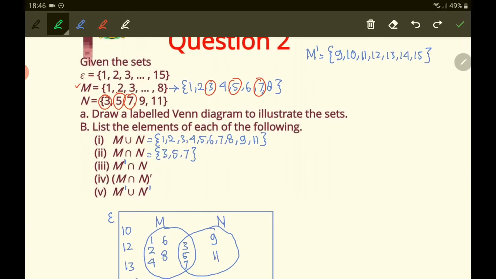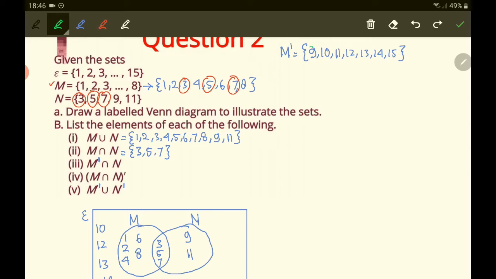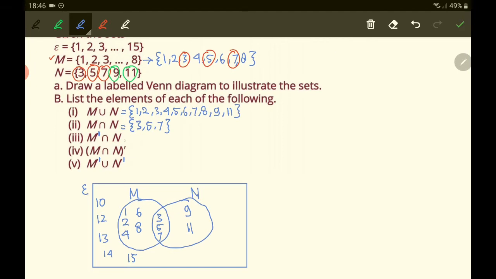Okay, use green color. So 9 with 9, and then 11 with 11. Okay, so I think that's all. There are only 2 elements, so we can write here 9 and 11. Okay, done. This is the M complement intersect with N.